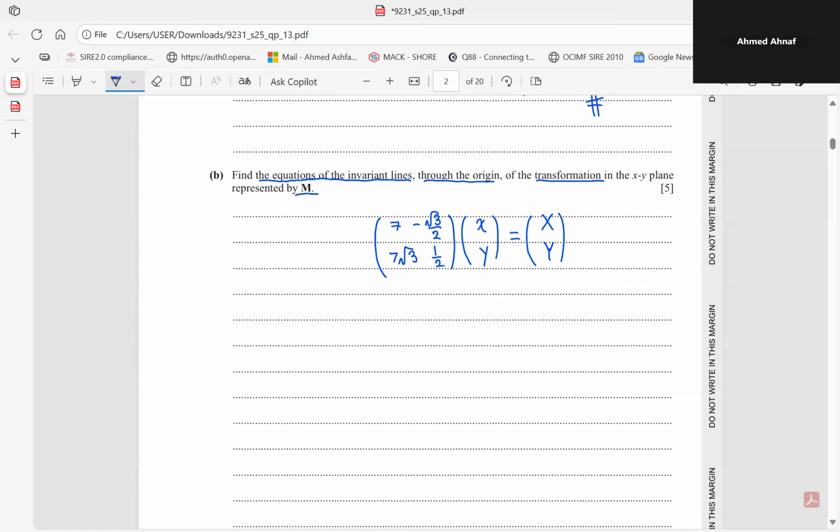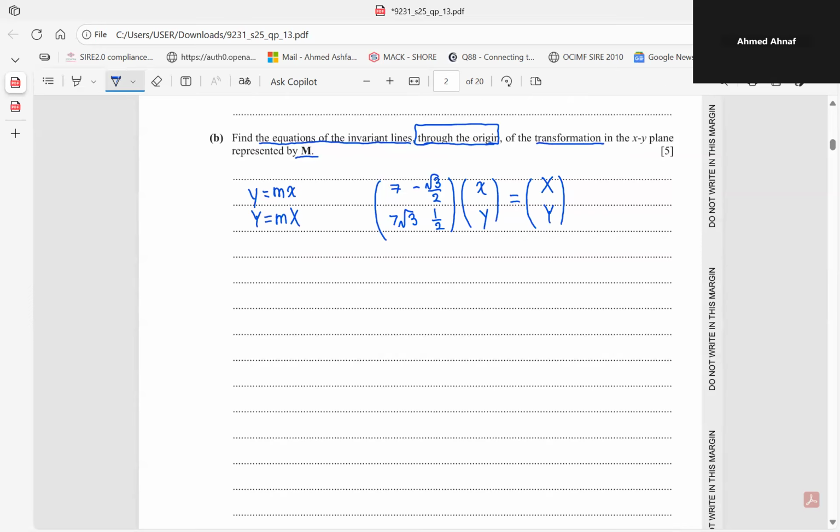But here we're not interested in the point. We're interested in the line through the origin. So y would be equal to mx, and big Y would also be equal to m times big X. So we're now also going to substitute those into the equation. This would make it easier for us to solve our equations later on.